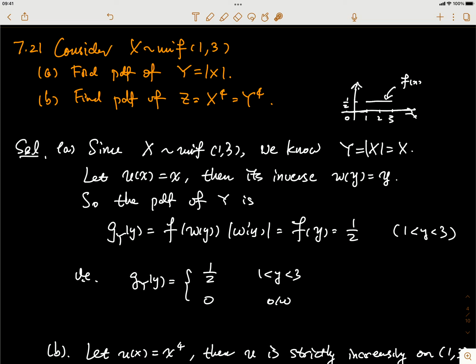So this guy here is just constant 1/2. And this guy here, because it's an identity map, the derivative is just equal to 1. So essentially, you just have f of y equal to 1/2. It's the same as the PDF of x. So in summary, y just has the same distribution or PDF as x.